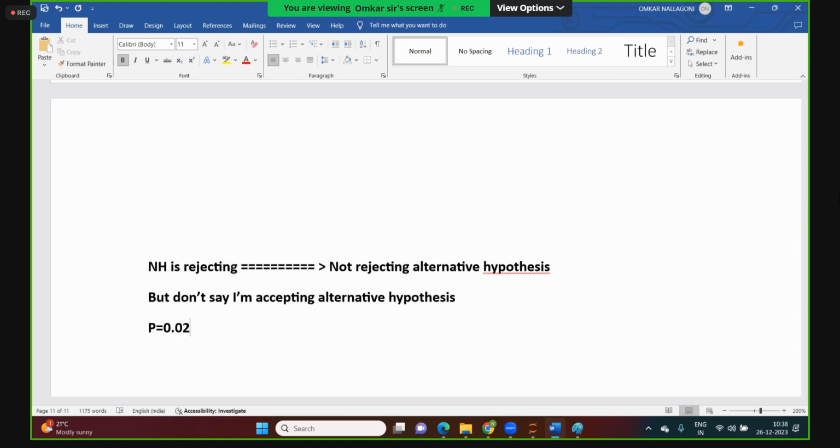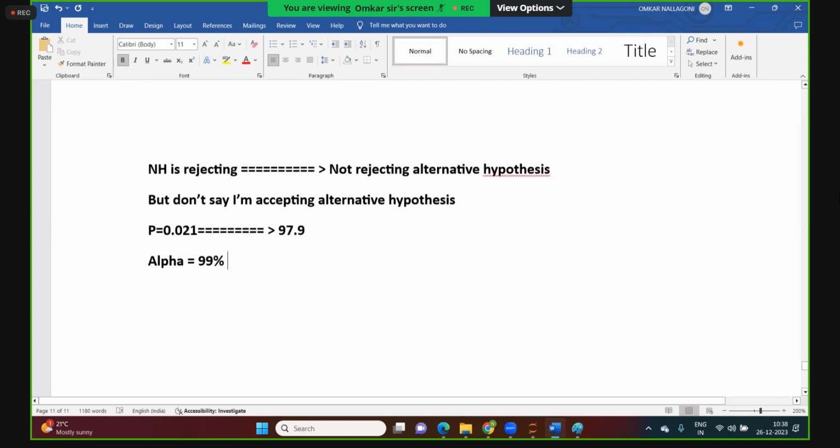After that, how many digits? 1. Suppose now 0.021 means how much percentage? 97.9. Then who will win and who will lose? Alpha is equal to 99% is already there. So not reject the null hypothesis, no? You said 99.